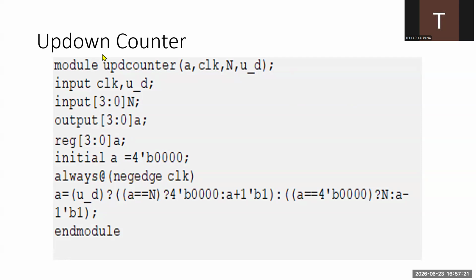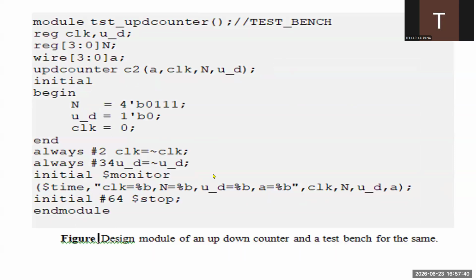Let us discuss the program that was written for up counting as well as down counting using the behavioral model. Here, N is going to take the value given in the test bench, a 4-bit value 0111, meaning 2 power 0, 2 power 1, 2 power 2 and 2 power 3.